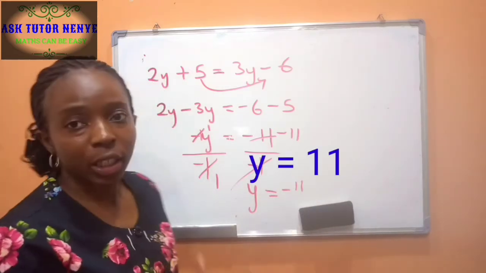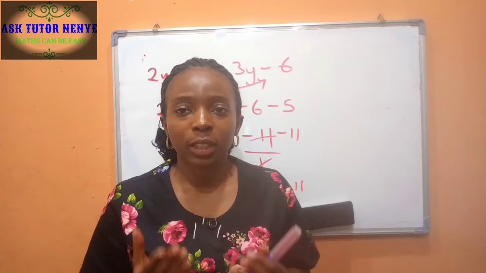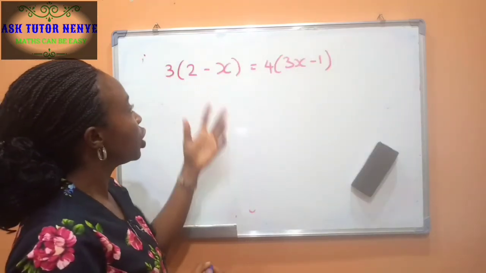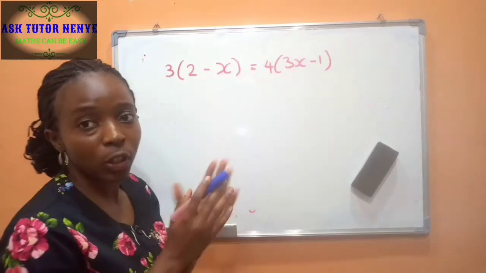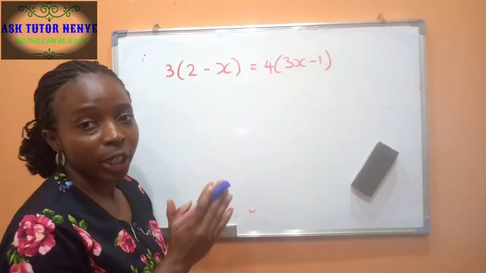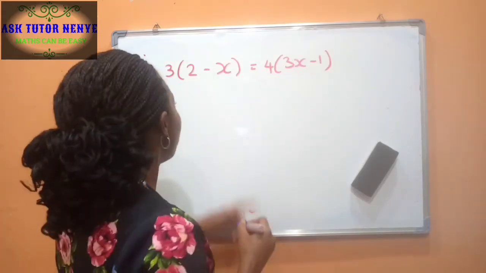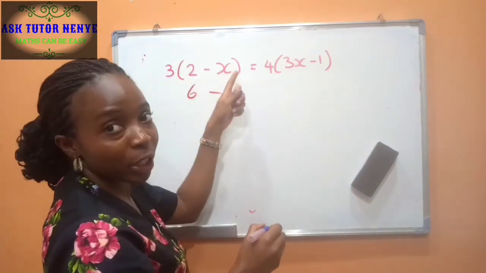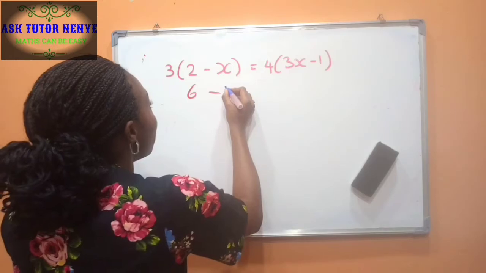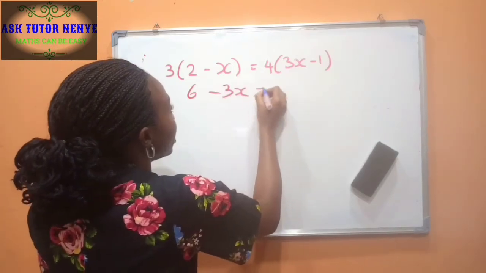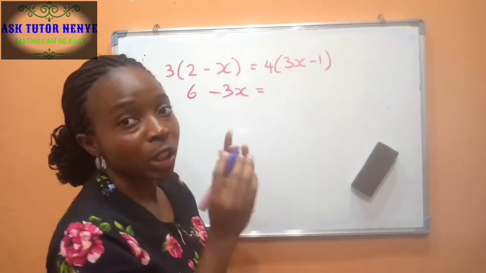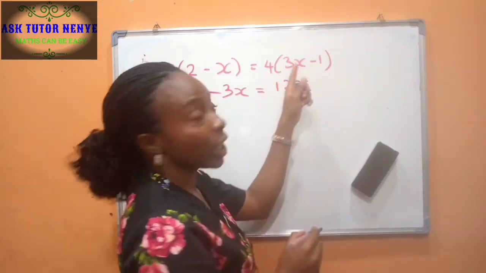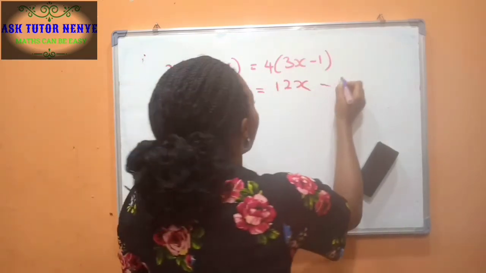Okay, let's take a look at more complex examples. In this question, we have them in bracket. The first thing we do before we can collect like terms, let's first of all open up the bracket. 3 times 2 gives us 6, minus 3 times minus x gives us minus 3x, equals to 4 times 3x gives us 12x, and then we have 4 times minus 1 gives us minus 4.